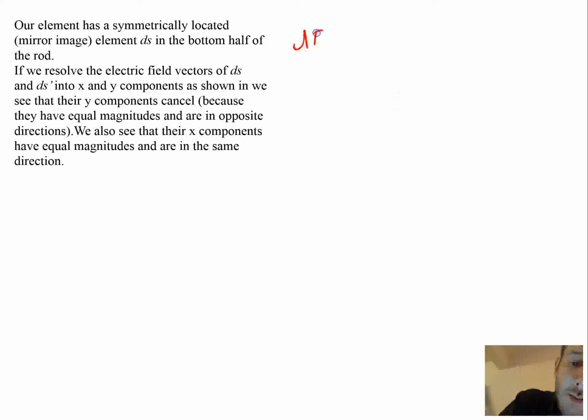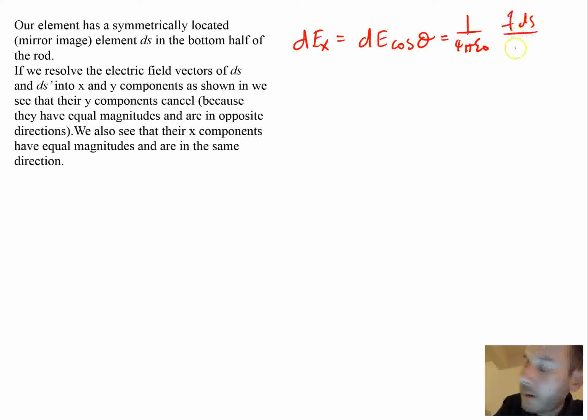So we will again use cosine to get there. Our dEx is dE cosine theta. And just carrying that through, since we multiplied by cosine theta, we have to put a cosine theta on the other side, with ds.